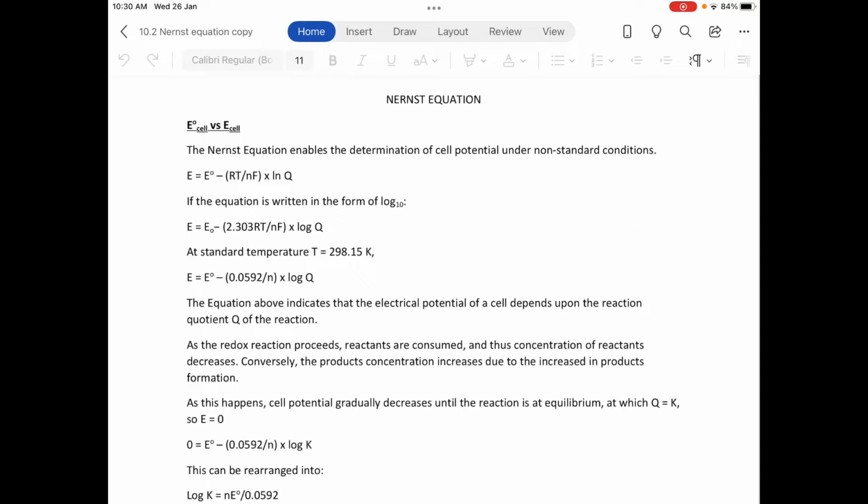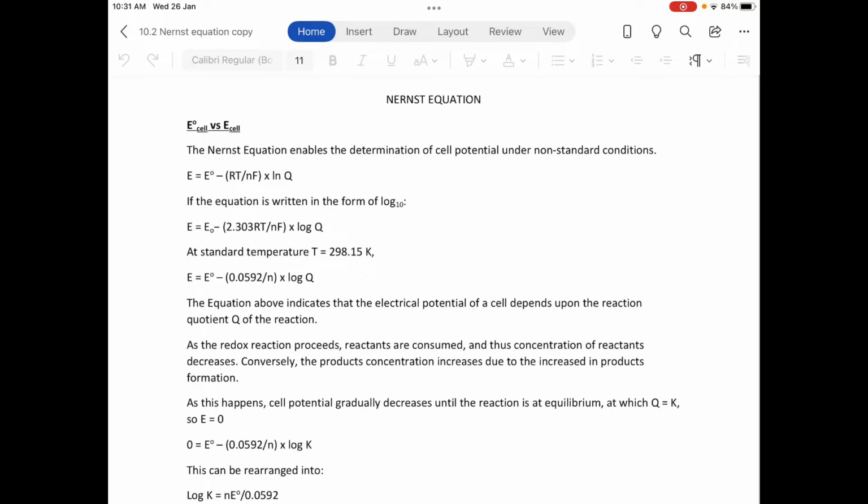So what happens if the condition is non-standard? It will affect the voltage reading. It will affect the electromotive force of the cell. So when we have a different temperature, pressure and concentration, we have to calculate the electromotive force or the voltage reading differently.